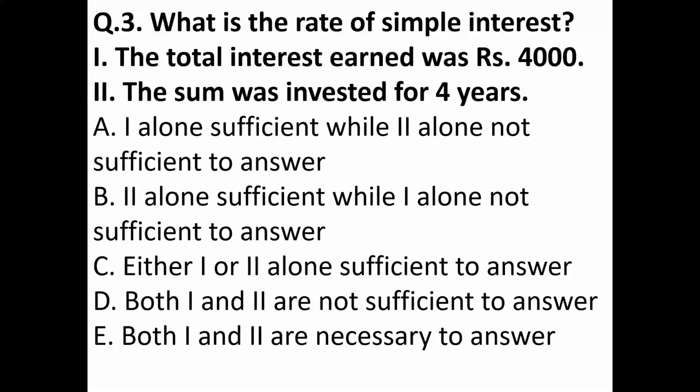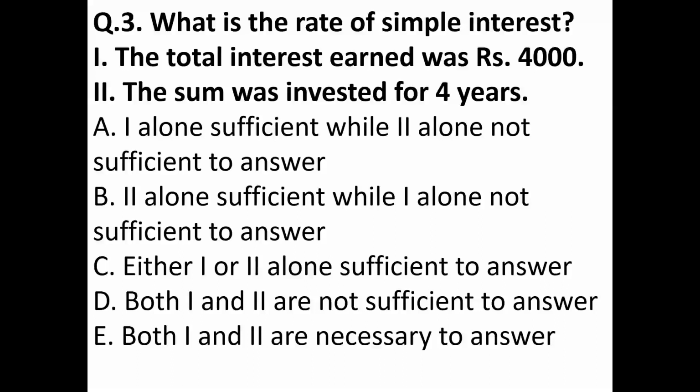So we need to find the rate of simple interest. Okay, so there are some options given like 1 alone sufficient, while 2 alone not sufficient to answer. Then 2 alone sufficient, while 1 alone not sufficient to answer. Either 1 or 2 alone sufficient to answer. Both 1 and 2 are not sufficient to answer. And the last option is both 1 and 2 are necessary to answer.